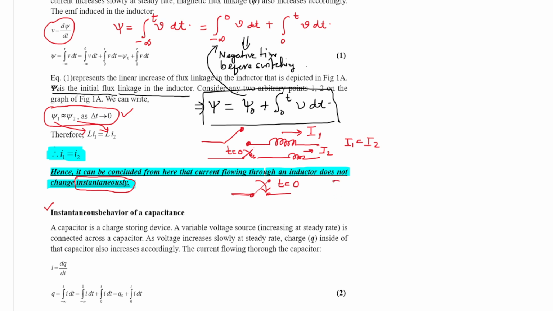So the switching instant we refer to as t is equal to 0. Now this t is equal to 0 can be thought of in two more different ways: t is equal to 0 minus and t is equal to 0 plus. What does 0 minus stand for? 0 minus stands for just before the switching.